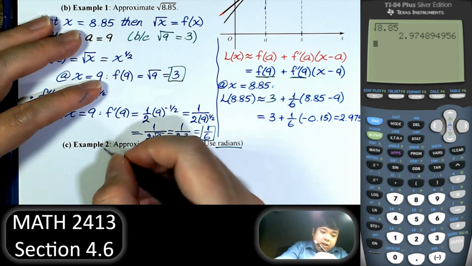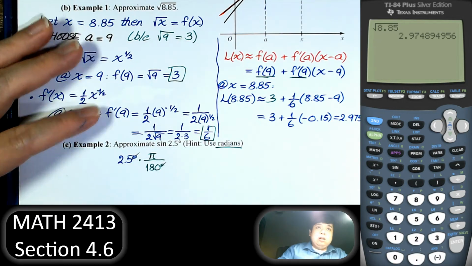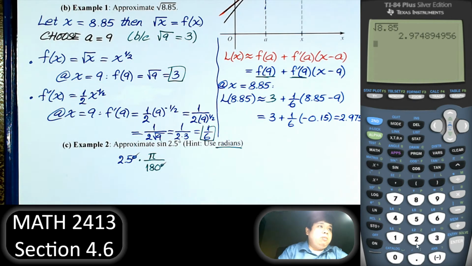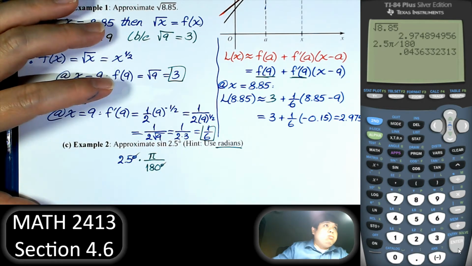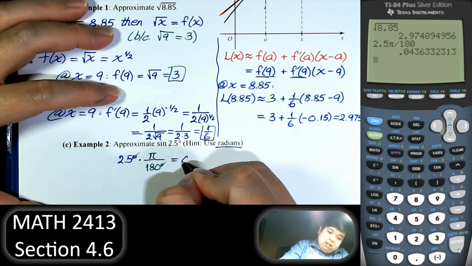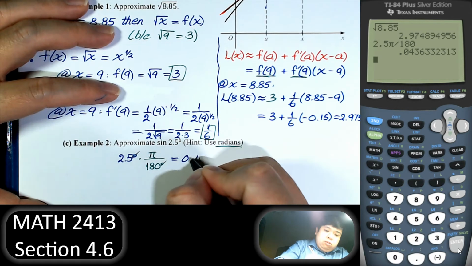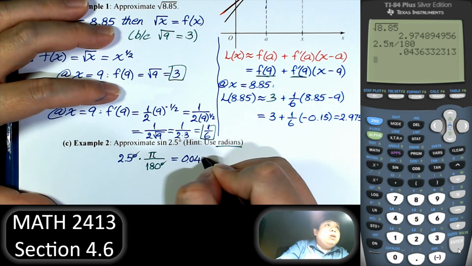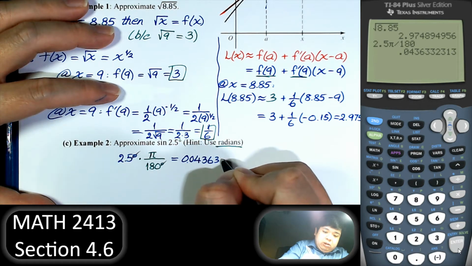Degrees and degrees cancel out. So 2.5 times pi divided by 180 is about 0.043633 and so on.